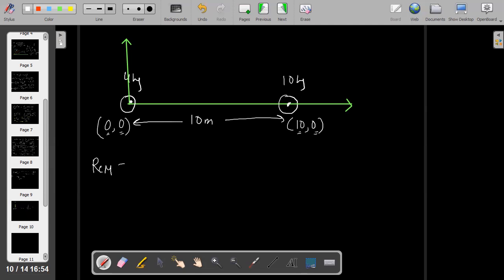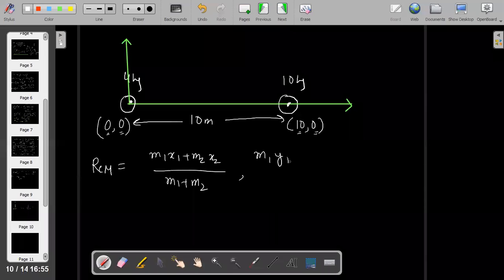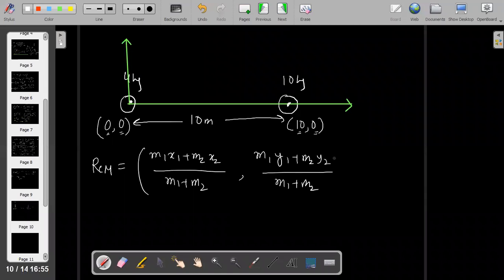Both coordinates are there, so I write m1 x1 plus m2 x2 divided by m1 plus m2. This is just the section formula of coordinate geometry. Similarly, I can find m1 y1 plus m2 y2 divided by m1 plus m2. Is it clear or not? This is the position of center of mass.